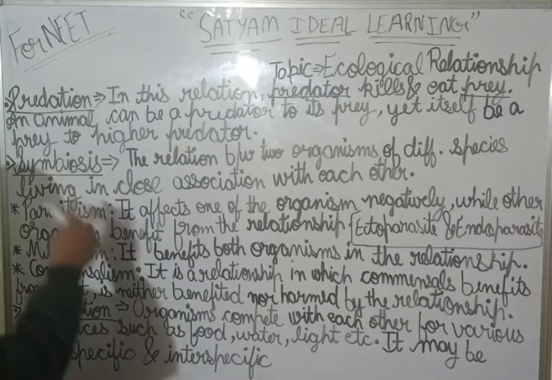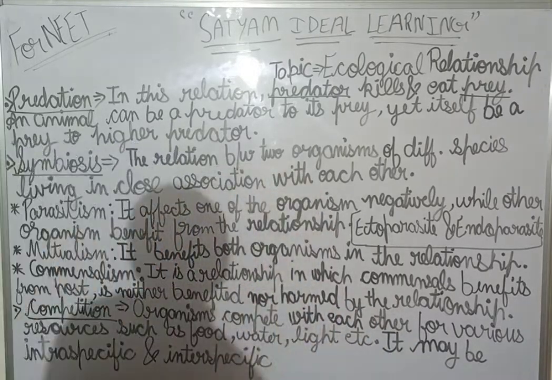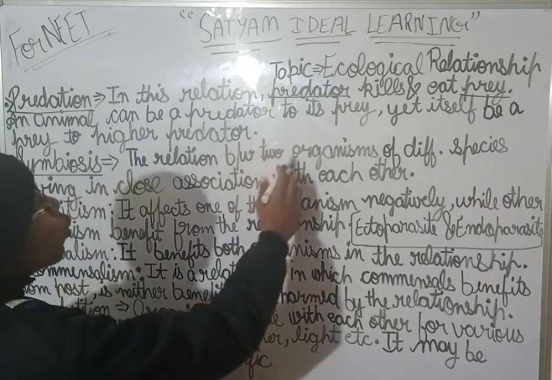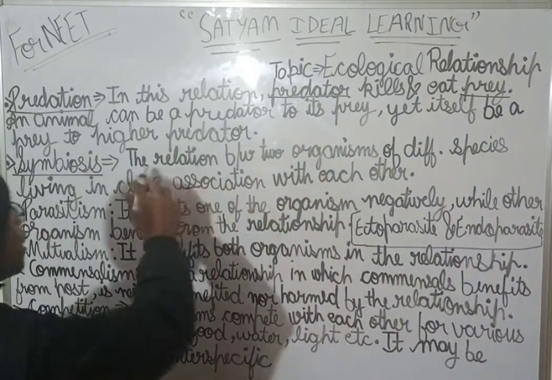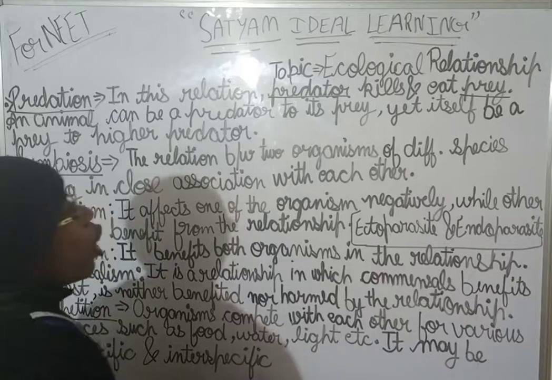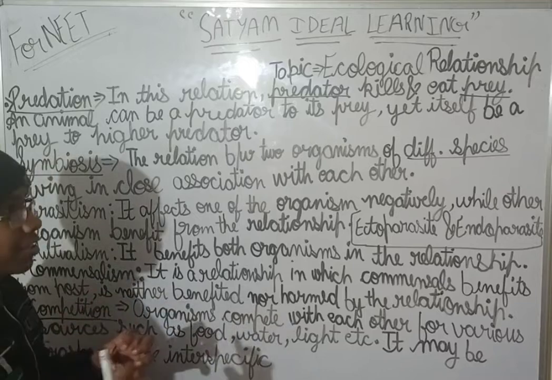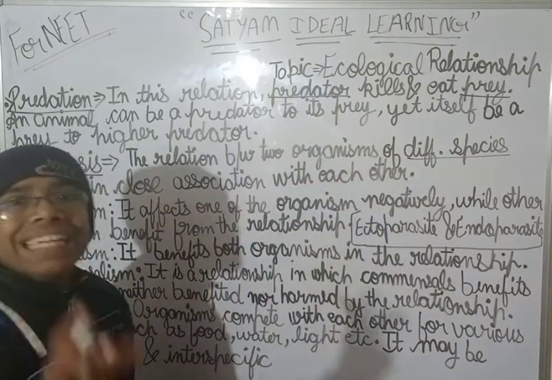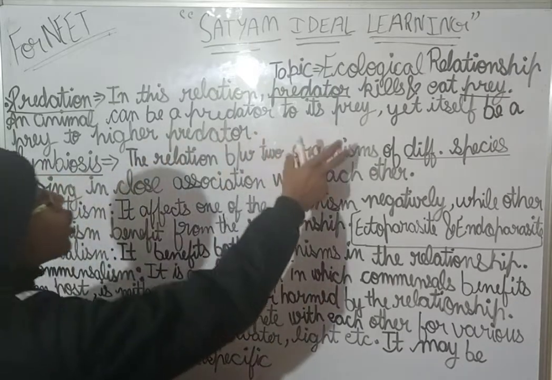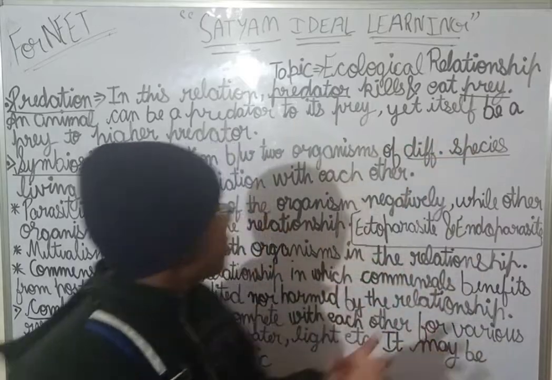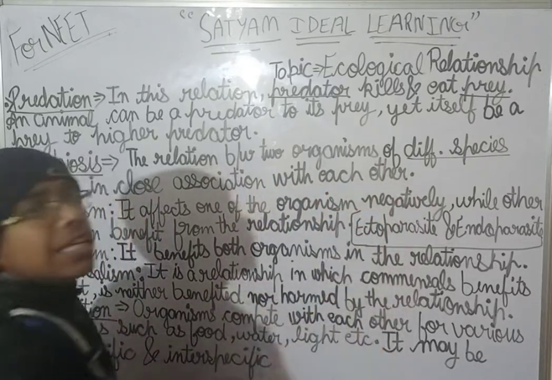Now we will be coming to symbiosis. What is symbiosis relationship? Listen carefully, guys. The relationship between two organisms of different species living in close association with each other is called symbiosis.